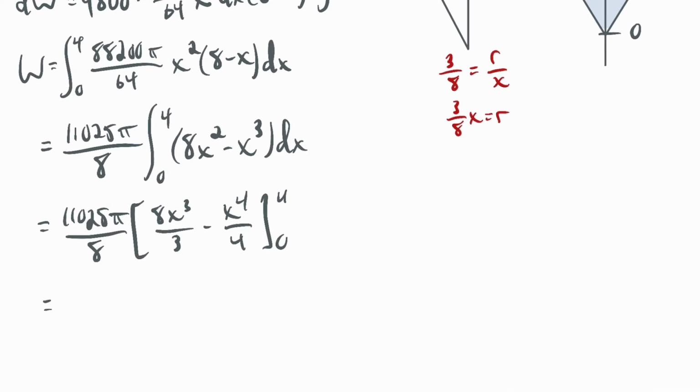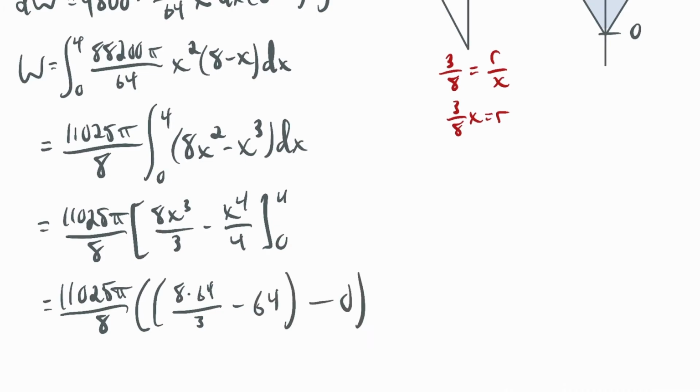So 11,025 pi over 8 times, well, it's going to be 8 times 64 over 3 minus, well, 4 to the 4th over 4 is 4 cubed, so 64. Okay, minus 0, of course.